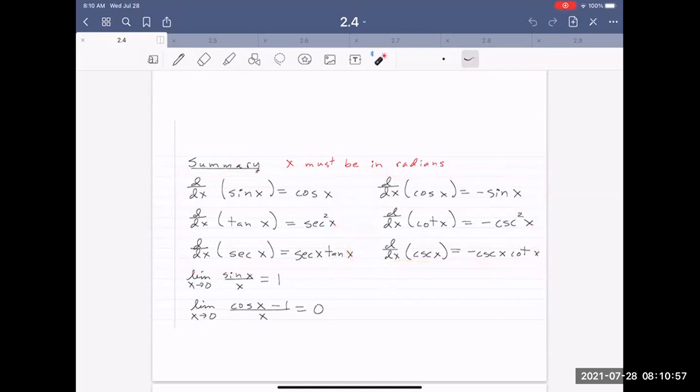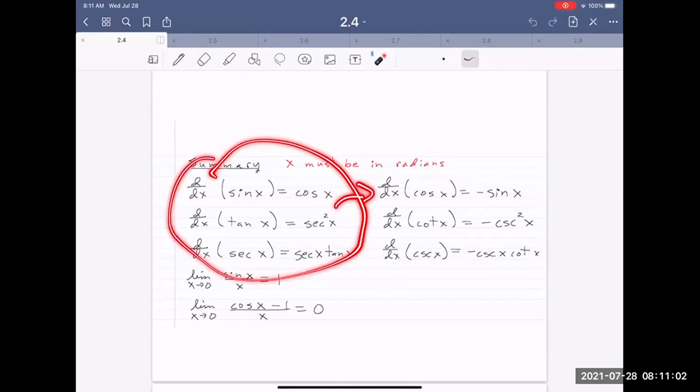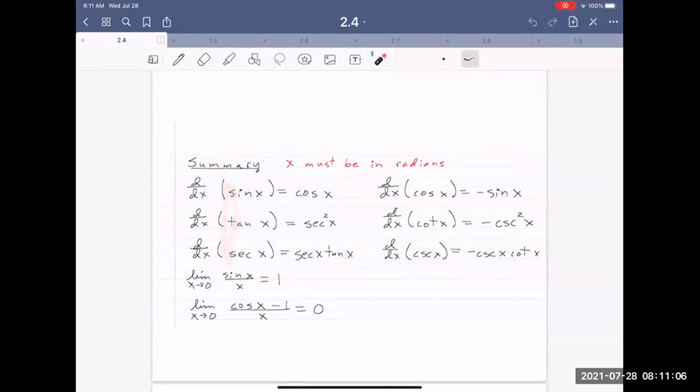You just have to memorize the one fact that the derivatives without any co in front of them are positive, and the derivatives of the co-functions are negative, and they're just the negative cofunction of the derivative of the one without the co in front of it.